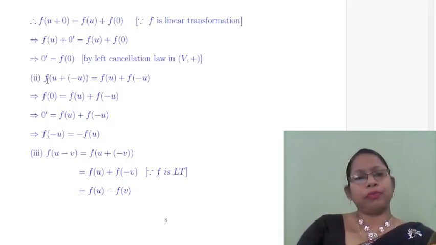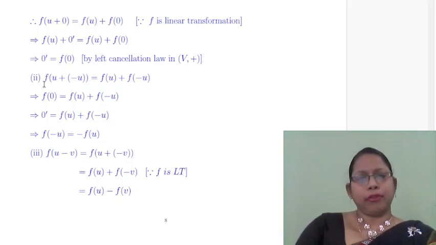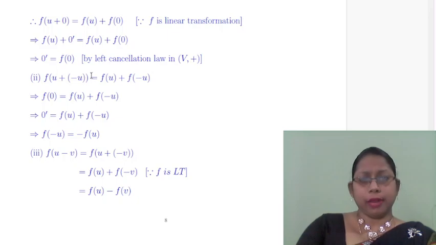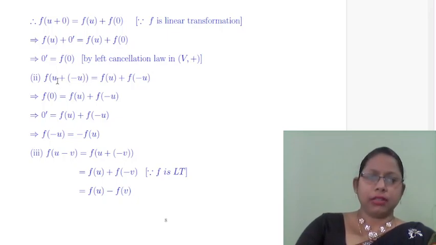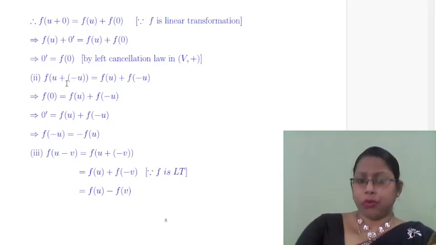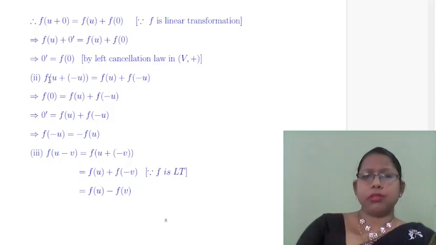Number 2, we can write f of u plus minus u, since f is a linear transformation, as f of u plus f of minus u. On the left hand side, u plus minus u is 0, so f of 0, as u and minus u belong to capital U. Capital U is a vector space, so addition of an element with its additive inverse is 0.